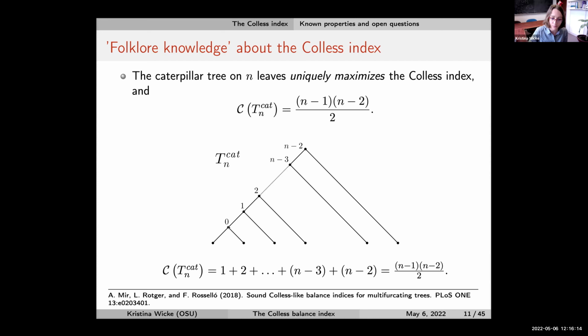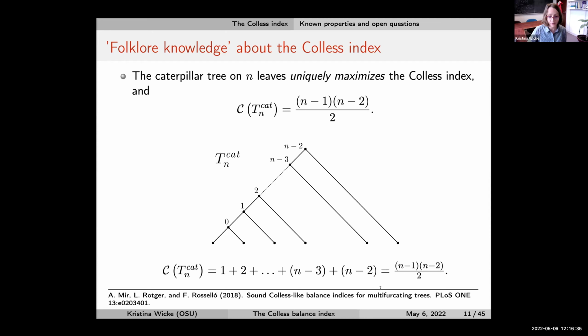So here for this one we get a factor of 0. Here for this one we get 2 minus 1 is 1. For this one we get 3 minus 1 is 2, and so forth. So this leads to the triangular numbers, and the Colless index is in fact (n−1)(n−2)/2.